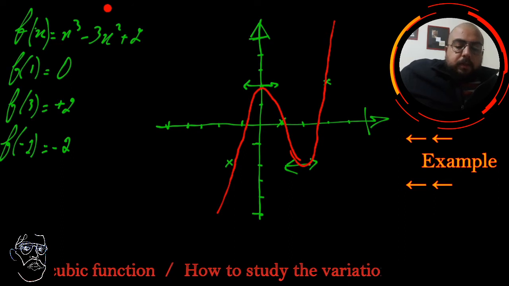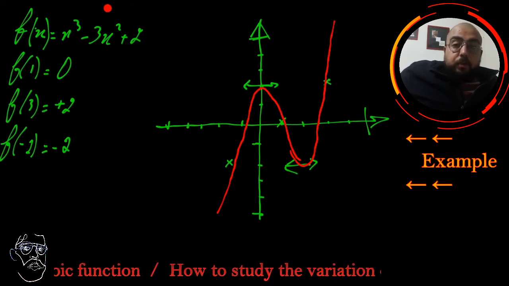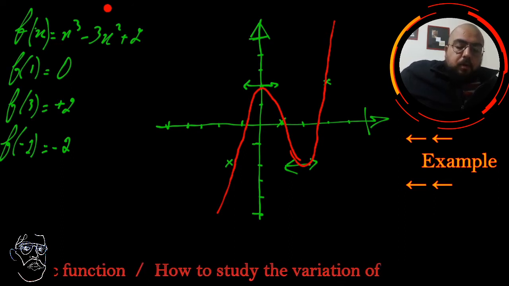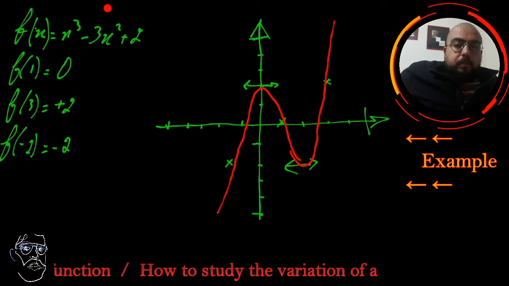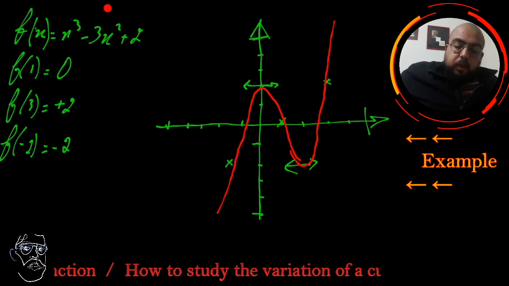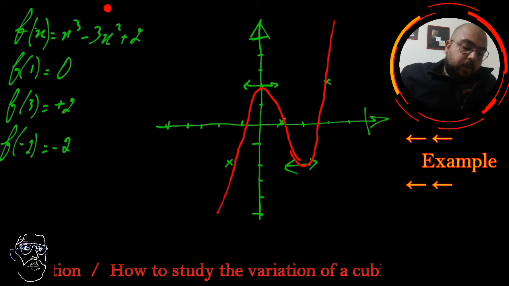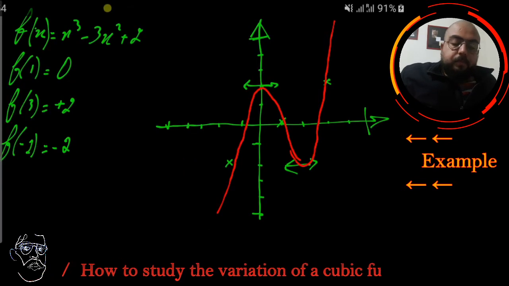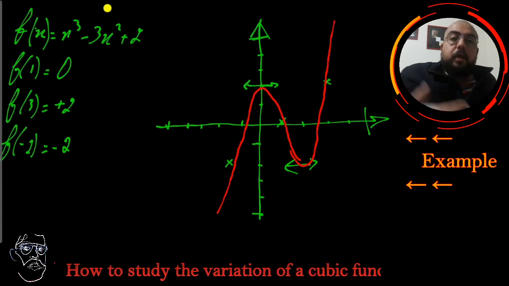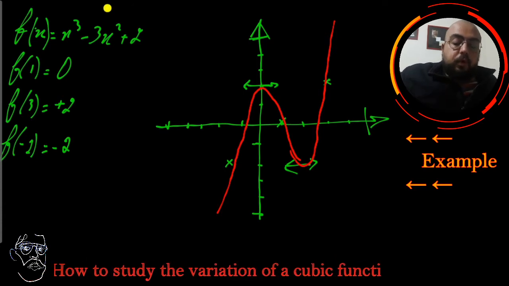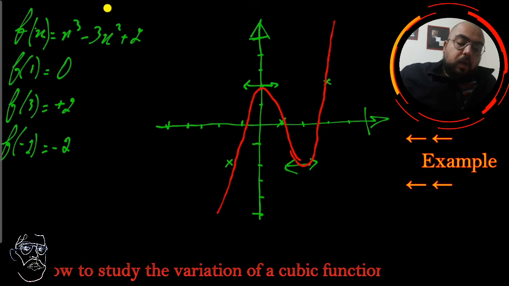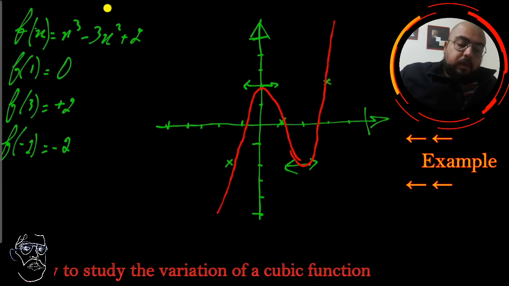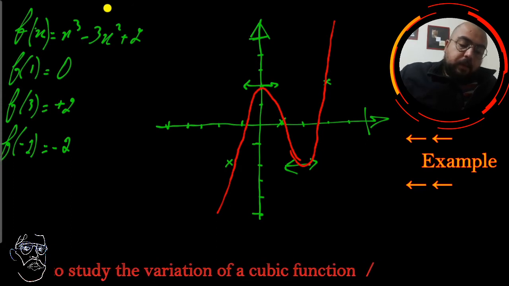Now in this case, this is a cubic function. There are some particular things that we can talk about. The first thing is that since it's a polynomial of third degree, there is a possibility to have 3 distinct roots, and it is the case, of course, in this example.